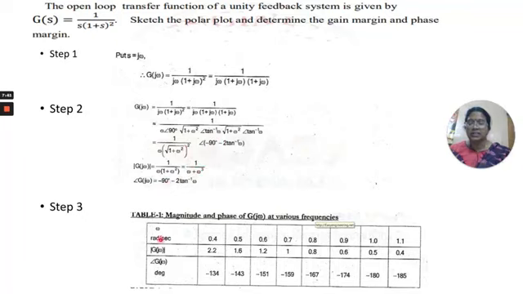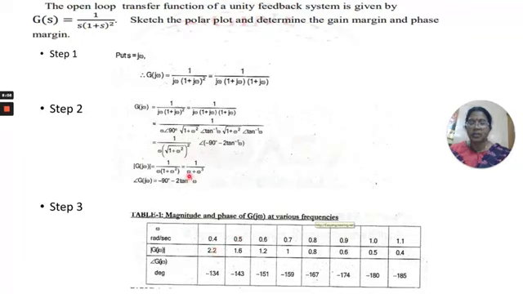If we substitute 0.5 in place of omega, the magnitude becomes 0.6. Similarly, you substitute the value of omega as 0.4 in this angle and calculate, and this becomes minus 134, and for 0.5 the angle is minus 143. Like this you substitute the values of omega in the angle term and get the readings.